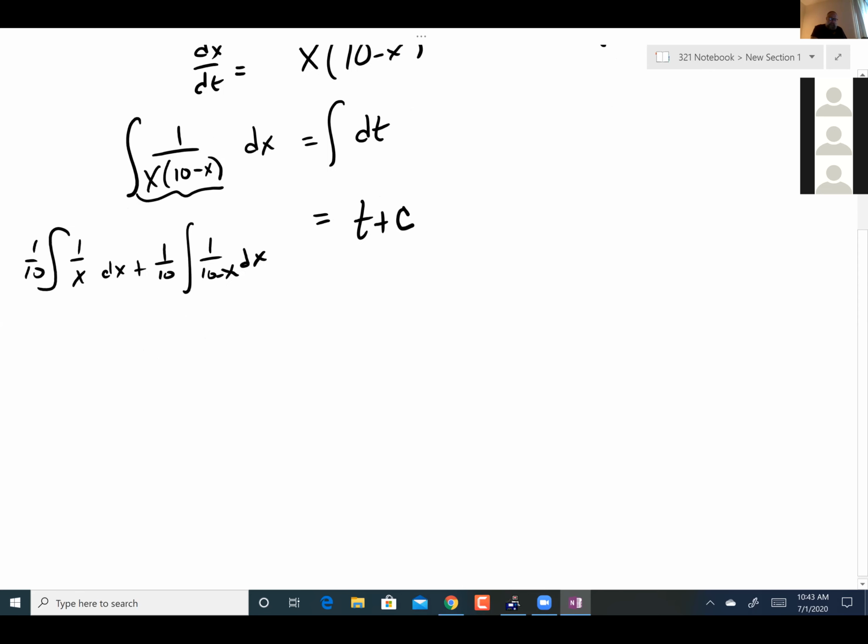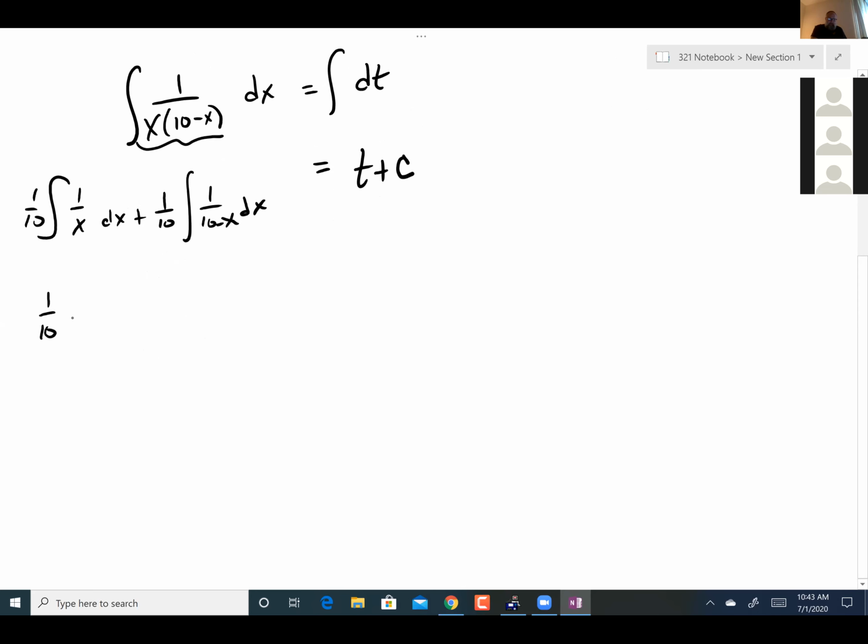And so this is 1/10 ln of x. Now, someone said U substitution earlier. This is where the U substitution happens. Negative dx. There you go. So this ends up being negative 1/10 ln of 10 minus x, equals t plus a constant.